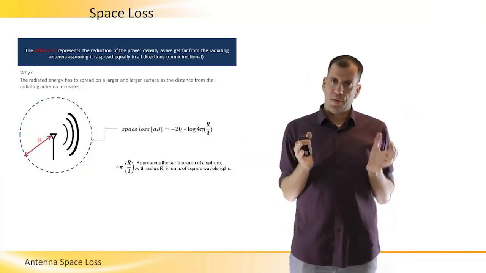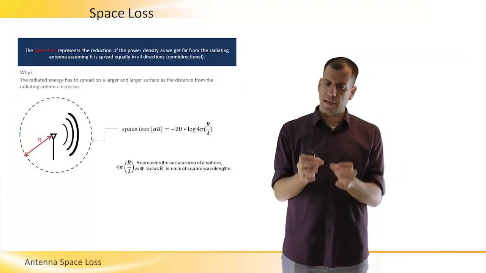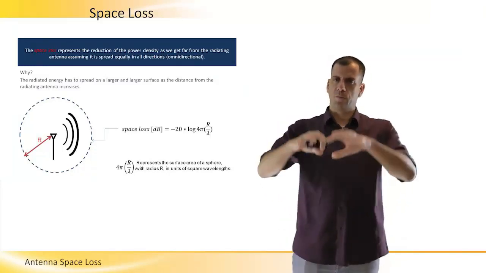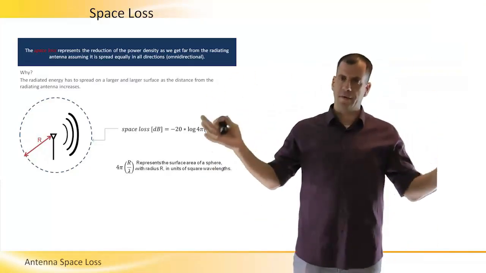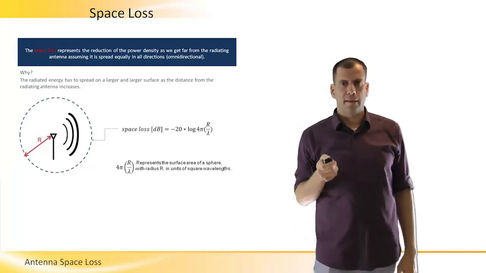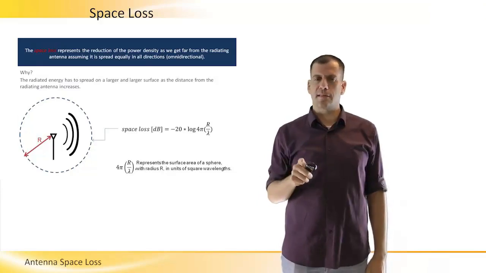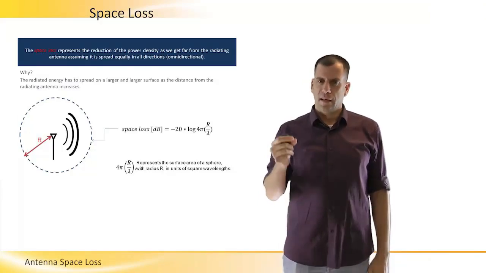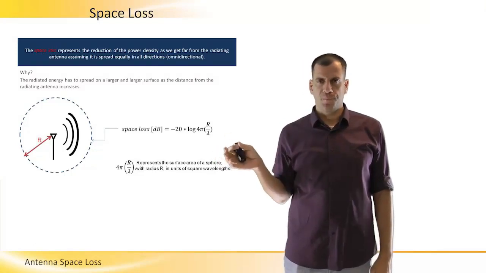And the power stays the same. This is the same power that we injected to the antenna. So if we take this same power and divide it by an increasing area, then we will get a reduction in the power density. And the power density is the loss that we will have as the energy propagates away.